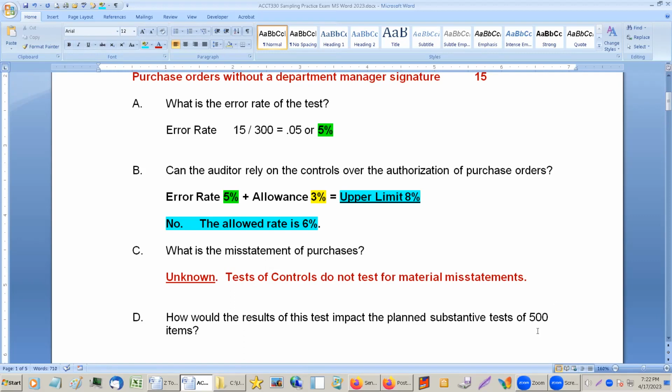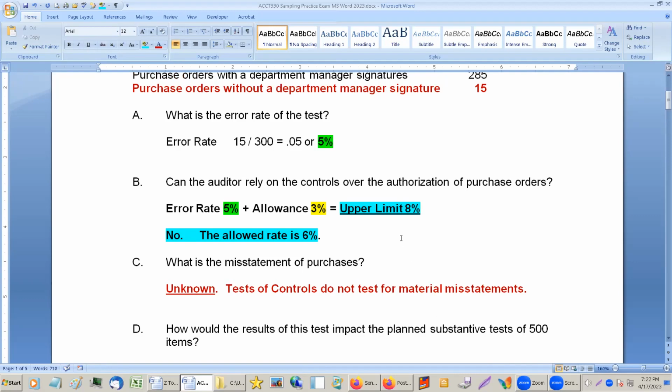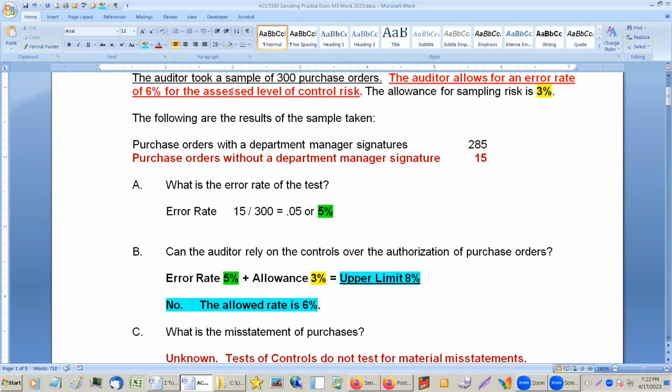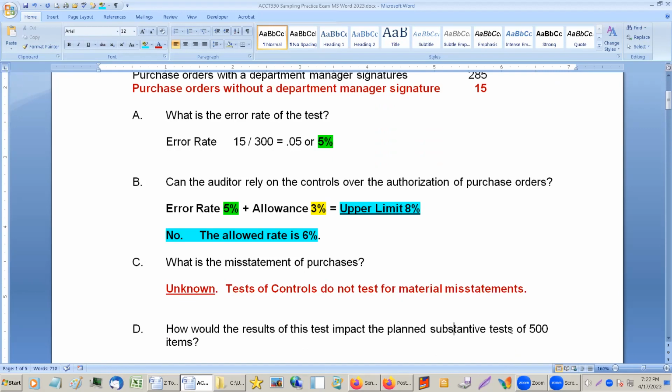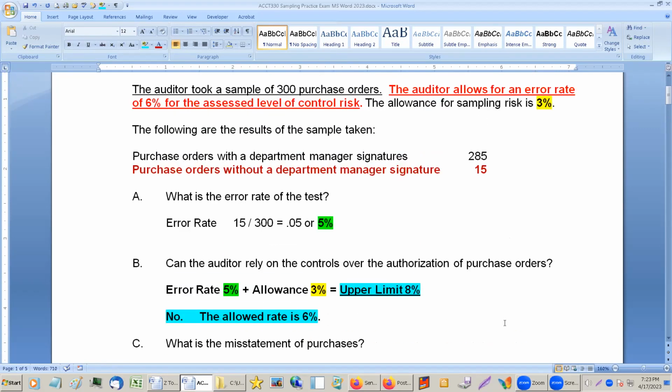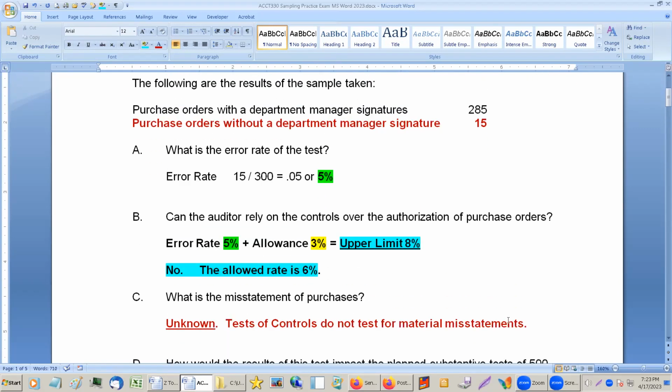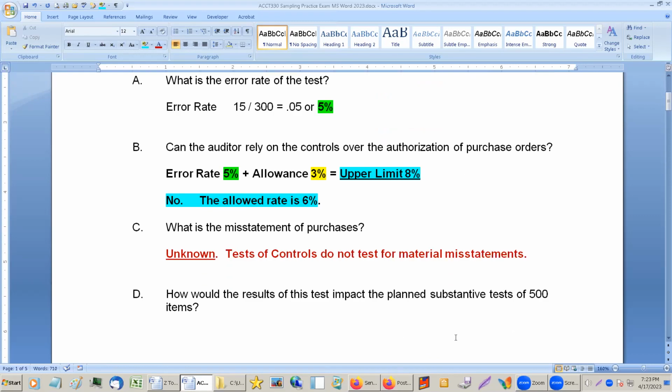Now, usually you come up with a plan. You say, okay, 6% is the largest error rate that we'll accept, and then we'll do substantive tests of 500. Now, if you can't rely on the internal controls, these substantive tests are for dollar amounts.